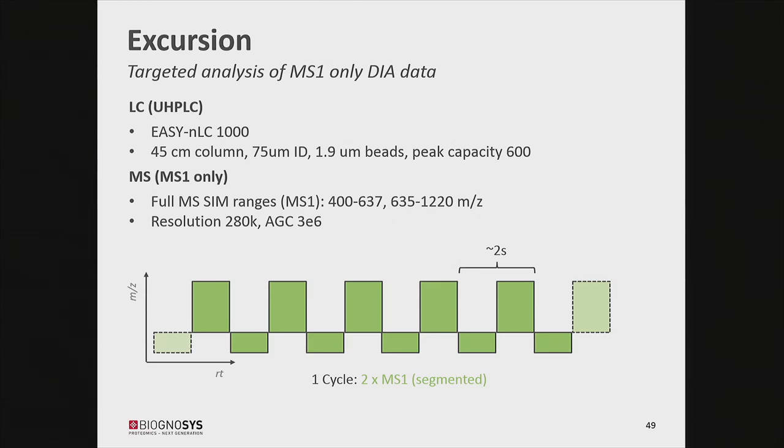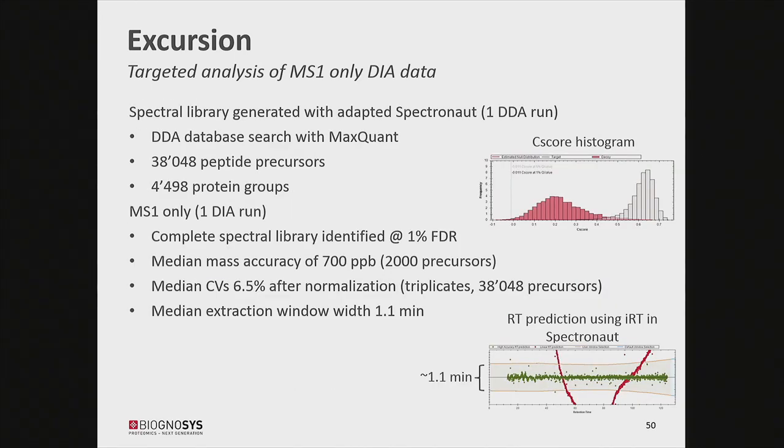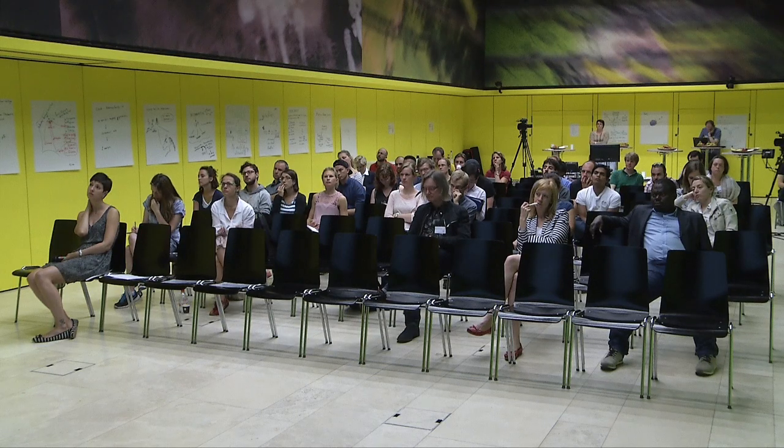We had a UHPLC with 2-hour gradients. Here you can see the method that we used. We used 2 MS1 segments in this case, and we targeted the MS1 data with the Spectral Library. One important detail that is not on here: to get very accurate retention time, we made alternating DDA and DIA runs. So we acquired DDA, DIA, DDA, DIA, and so forth to get very accurate retention time for our first try.